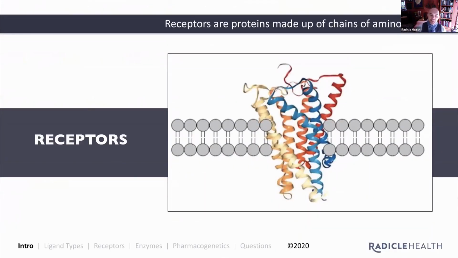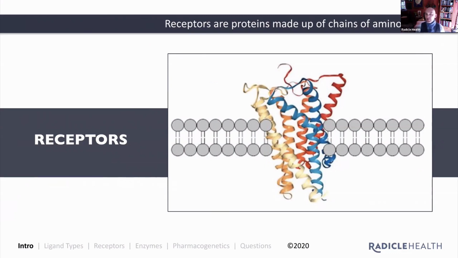So the first thing that we're going to talk about today are receptors. Receptors are proteins made up of amino acid chains, and they're responsible for initiating changes in cells. The human body contains over 37 trillion cells, and each cell has a specific function. It has a task or set of tasks that it's responsible for performing.